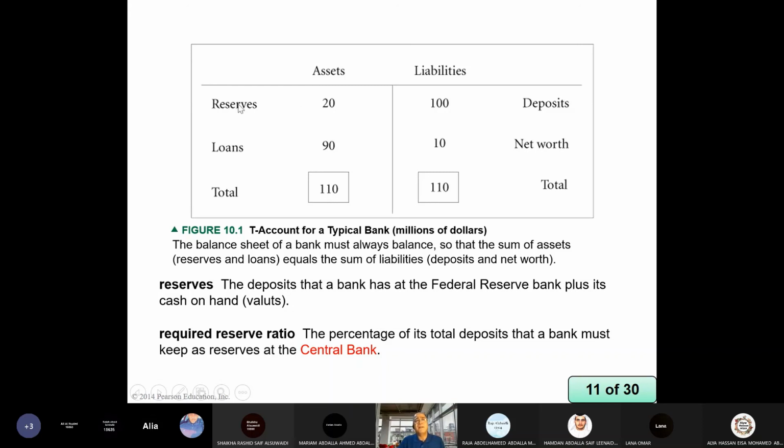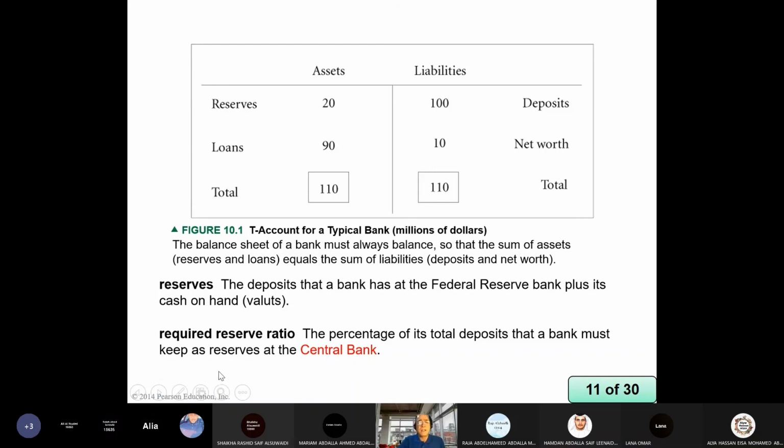So for me, reserves is close to cash. So if one of the depositors wants to withdraw money, I will use the reserve to return the depositor's money.